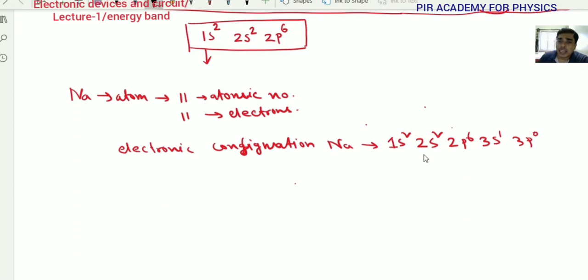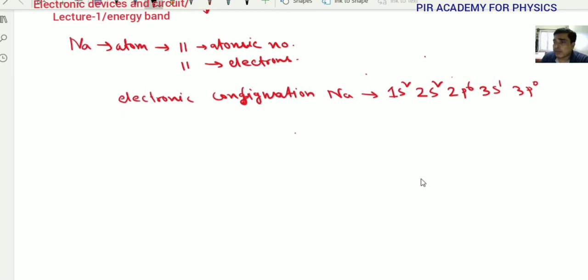So in the electronic configuration of the sodium atom, you see that up to this, all the energy levels are completely filled.